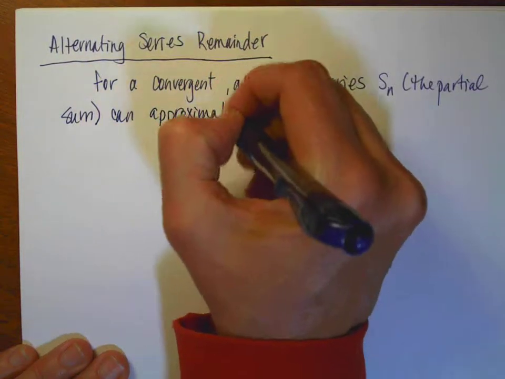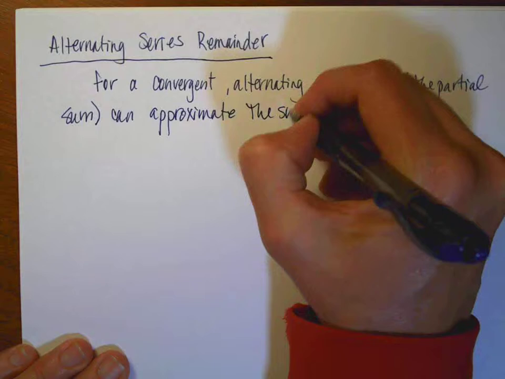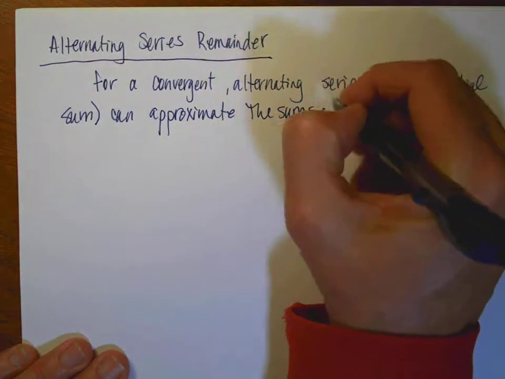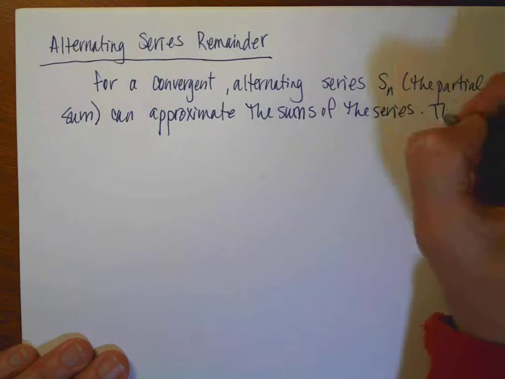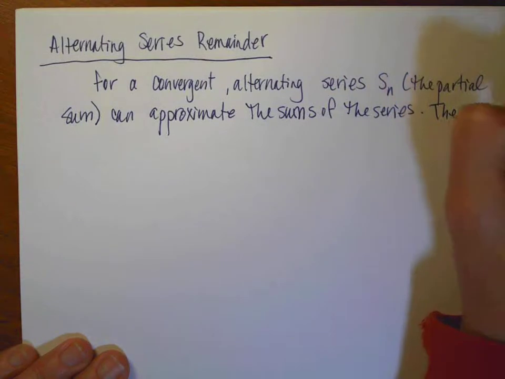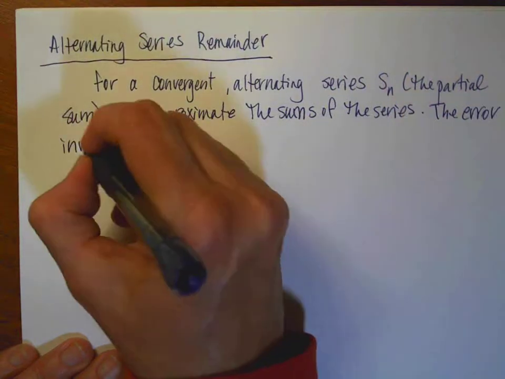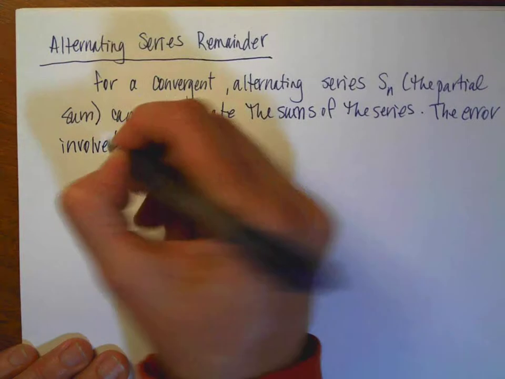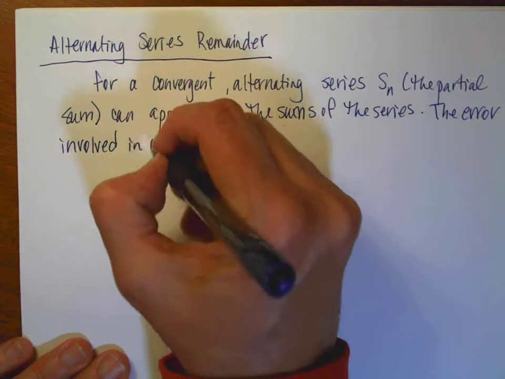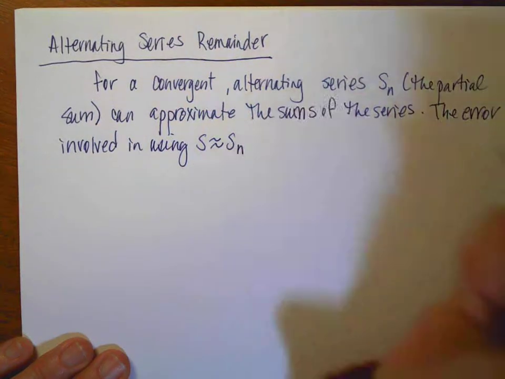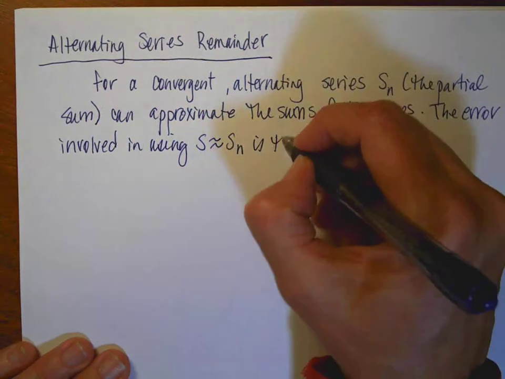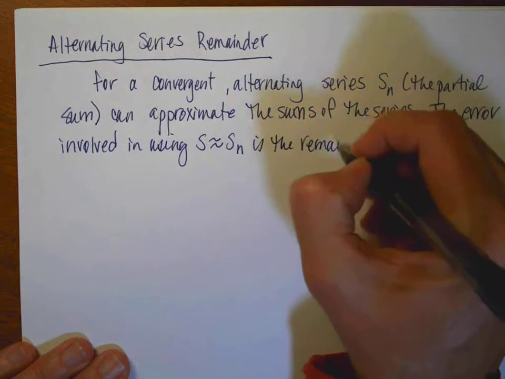can approximate the sums of the series. And then we're going to have the error involved because, again, I'm approximating and using S is approximately equal to S sub n.